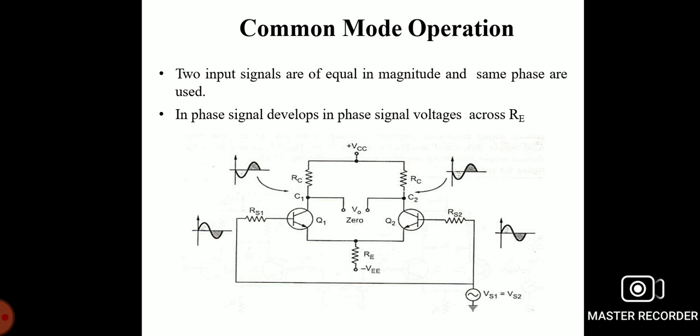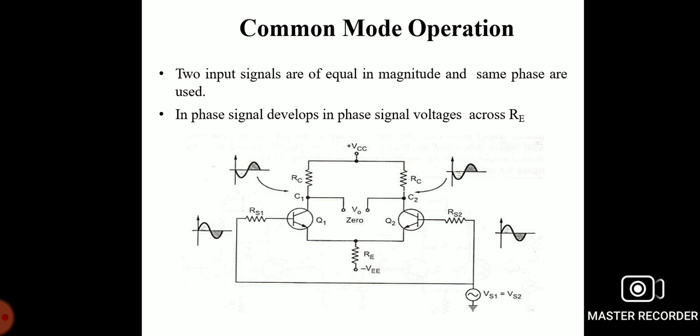Here the emitter resistance carries the signal current and provides negative feedback. This negative feedback decreases the common mode gain. In this case, signal voltages of equal magnitude will appear across the two collectors of Q1 and Q2. So the output ideally should be zero; it is a negligible, nearly zero voltage.